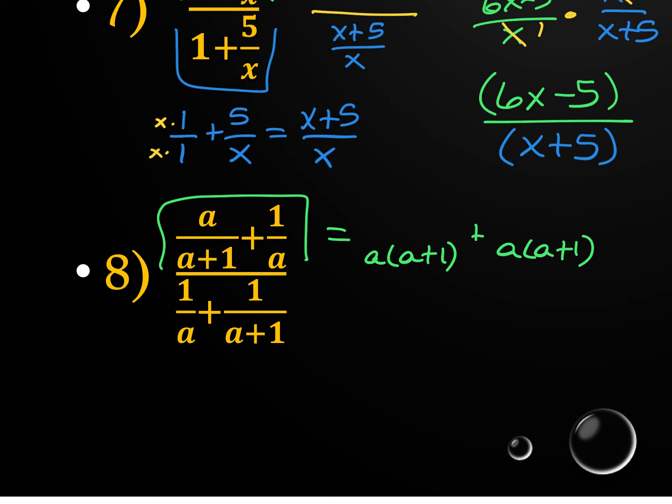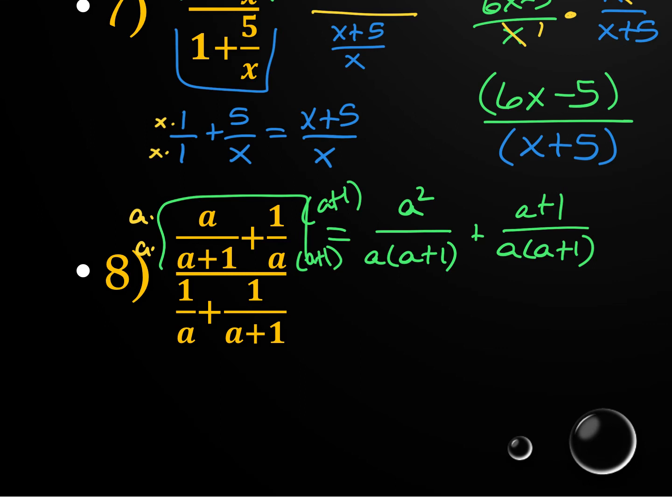So it's both. My first fraction is missing the a. So a times a for the numerator becomes a squared. The second fraction is missing the a plus 1. So 1 times a plus 1 is just a plus 1.